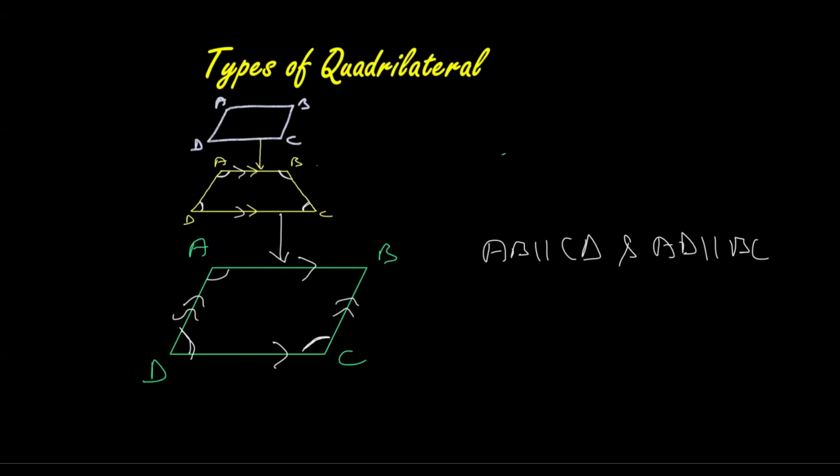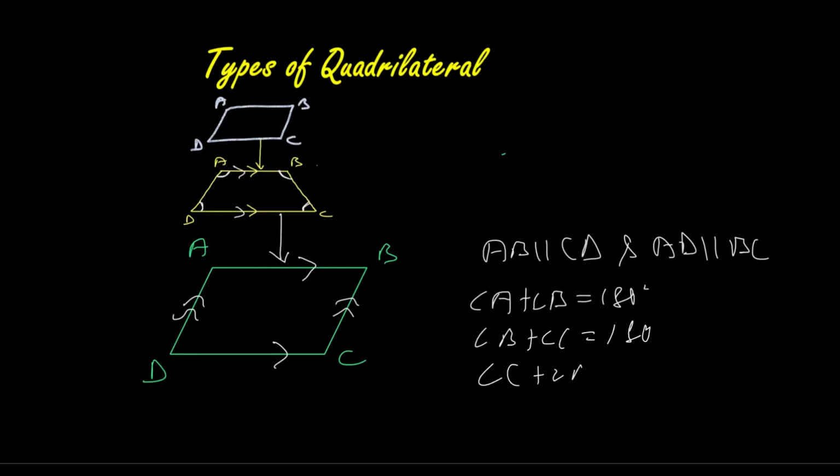For the same reason, since these two are parallel, using this characteristic that opposite sides are parallel, we can say that adjacent angles are supplementary. That is, angle A plus angle B will be equal to 180 degrees. So will be angle B plus angle C, which is 180 degrees, and angle C plus angle D is equal to 180 degrees.